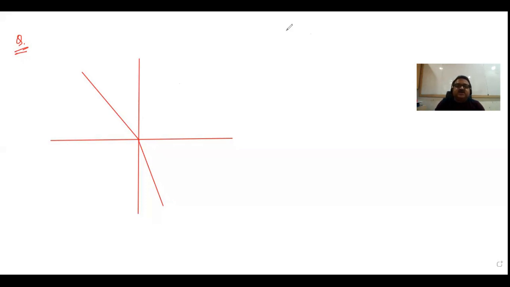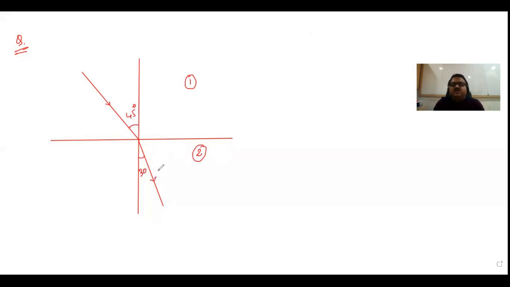So say for example, here it is given this medium 1 and this medium 2, and light is falling on this medium at an angle of incidence, say for example 45 degree, and this angle is supposed to be 30 degree.